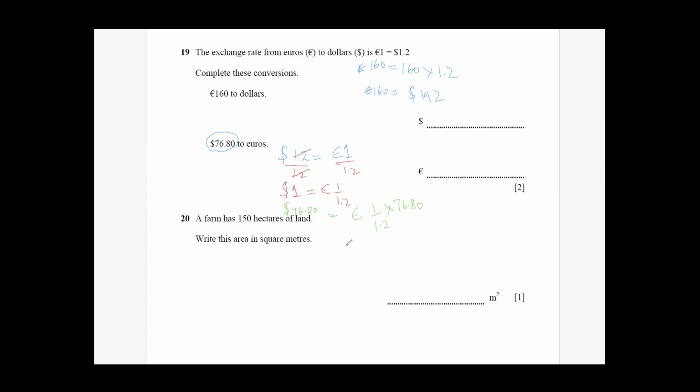This is how it is to be done. Dollar 76.80 are equal to 64 euros. Okay, we're done with question number 19 now. Let's go to the next question.